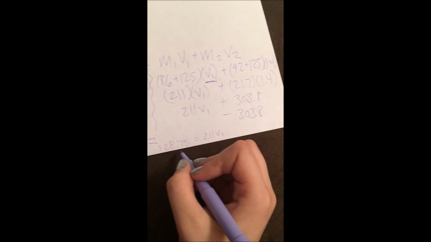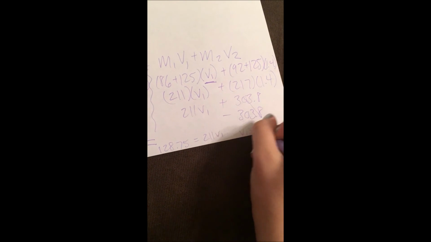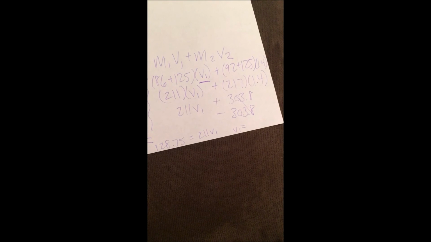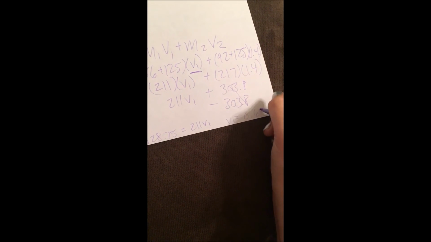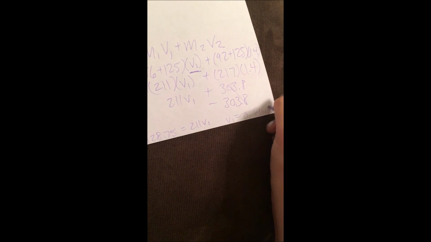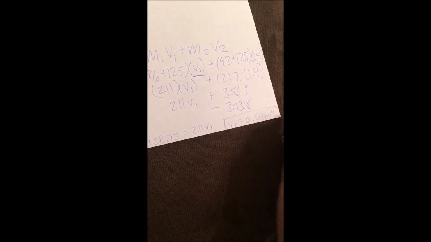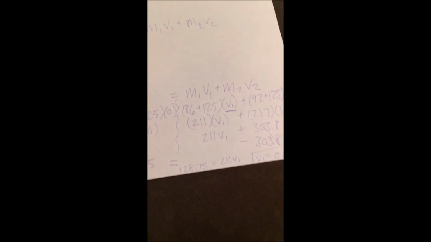Now we just divide, and V1 equals about 0.61 meters per second. And that is how you use an elastic collision formula.